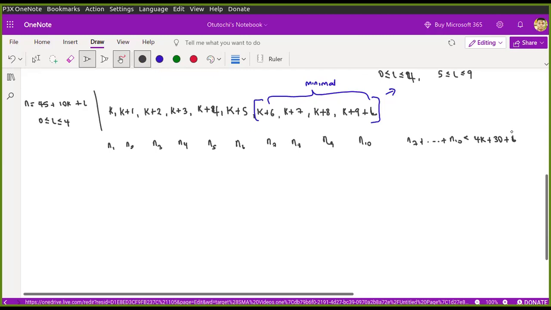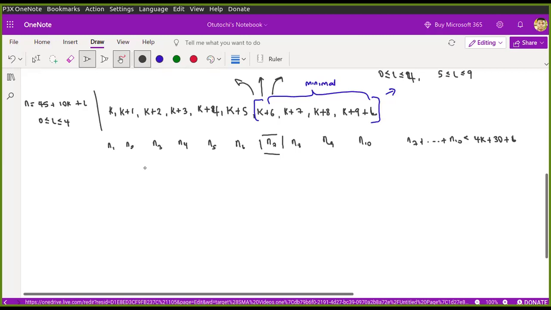So now we are going to look at n7 in this assumed distribution. n7 can either be less than k plus 6, equal to k plus 6, or greater than k plus 6.